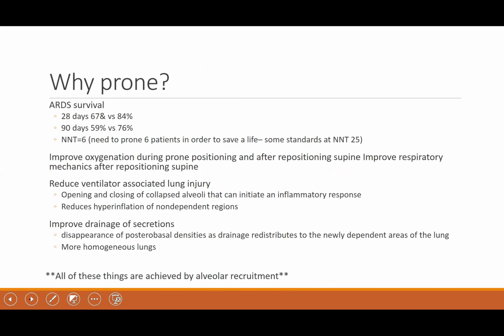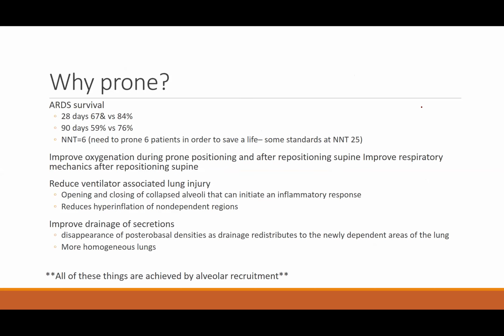Okay, so why prone? Bear with me while I talk about statistics for just a second, because this is really mind-blowing to me. So you can see some of the survival rates at 28 days and 90 days. And of course, those show that proning individuals does increase survival.